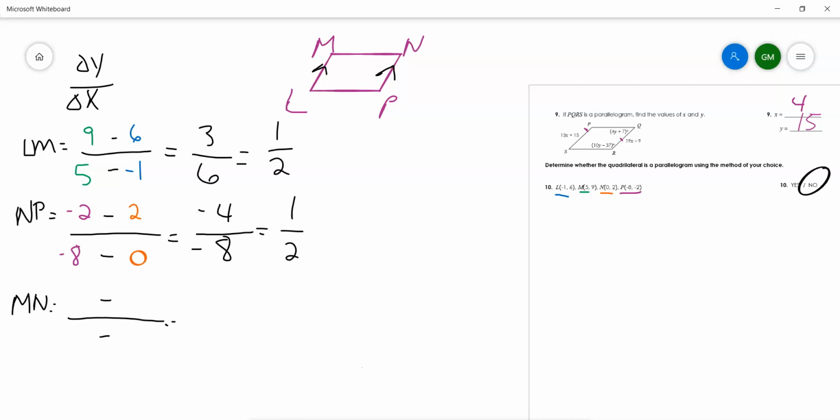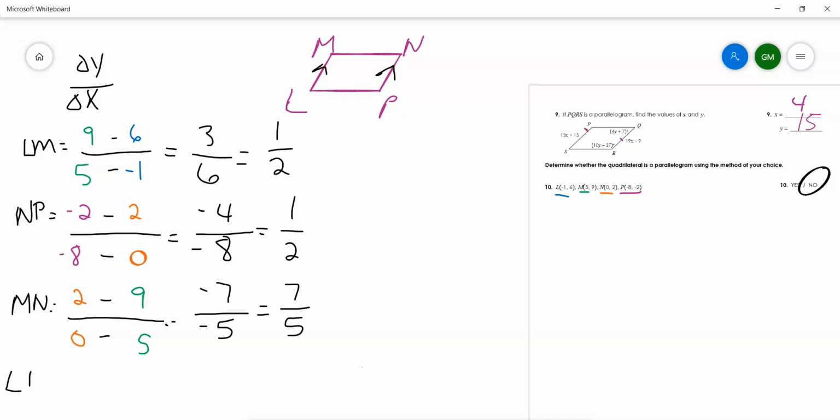All right, so M, our points are 9 and 5, and N, our points are 2 and 0. 2 minus 9 is -7, 0 minus 5 is -5. And remember, negative over negative is positive. Simplify.